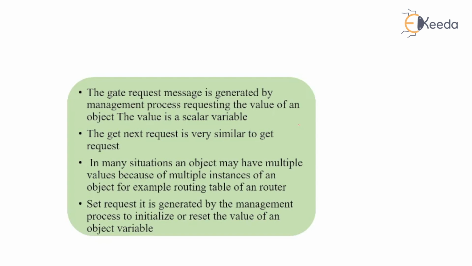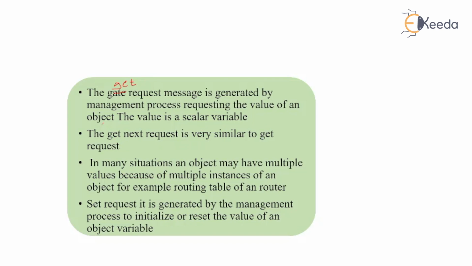Now we have to understand the function of each and every message. The first one is get request. The spelling should be GET. This message is generated by the management process requesting the value of an object.